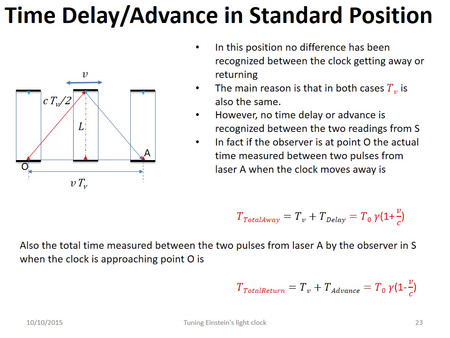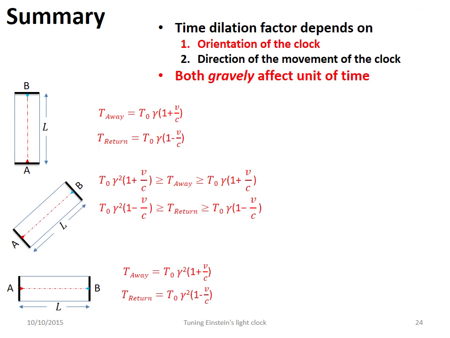Also, the total time measured between the two pulses from laser A by the observer in S when the clock is approaching point O is t total return equal to tv plus t advance, which is equal to t naught times gamma times 1 minus v over c. In this slide, two sets of formulas are given for accurate reading of Einstein's light clock.